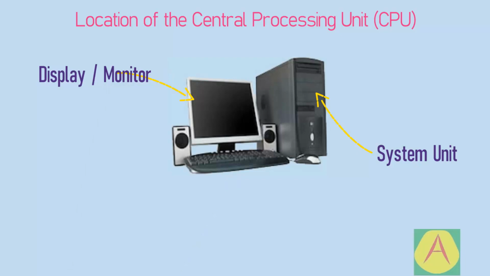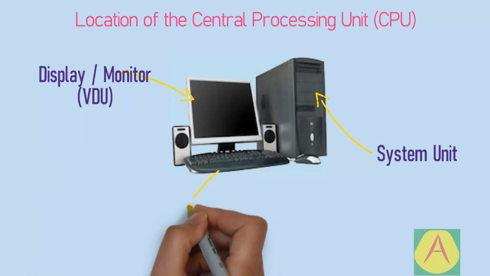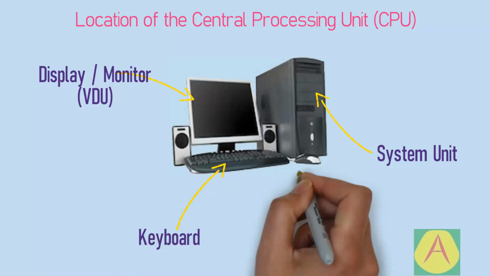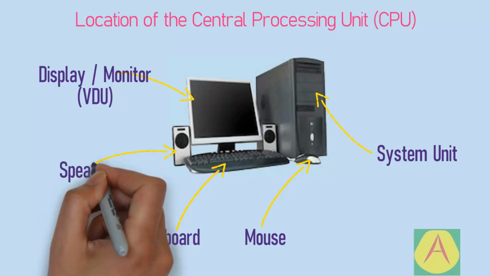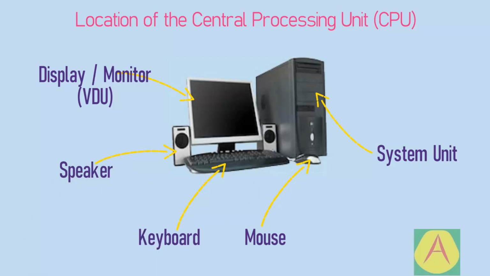VDU stands for Visual Display Unit. And next we have keyboard, mouse, and speaker. Apart from these parts, you might find other peripherals attached to the computer like printers, scanners, etc. But these are the most common parts of a computer system.